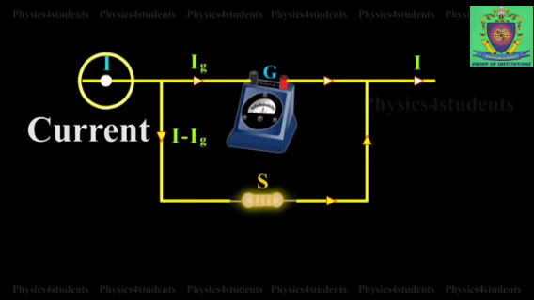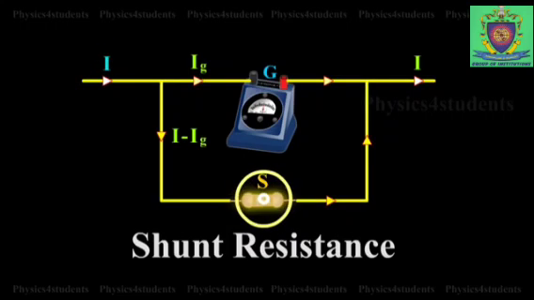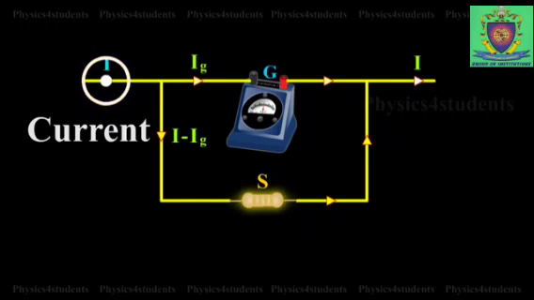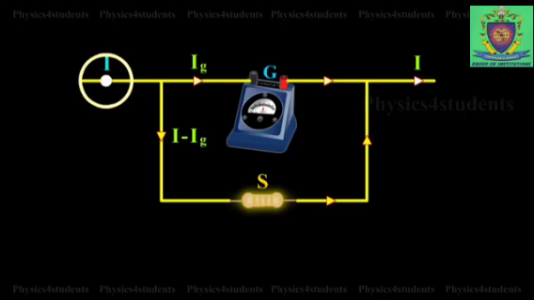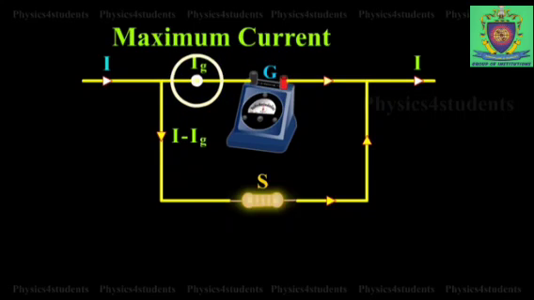Now, the current is passing where the maximum current passes through your shunt resistance itself, and the minimum current passes through the galvanometer, Ig. So the current gets split into Ig and the remaining is I minus Ig. So whatever current passes in Ig, this is the maximum current for that galvanometer, so it shows the full deflection.